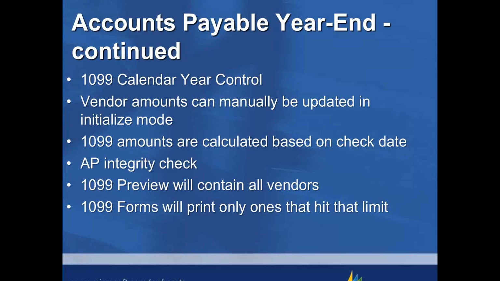So once again, you'd have to use the initialize mode to update those amounts, by looking at the vendor information, taking those amounts from the beginning of the year, and adding them to what the system calculated for the second half of the year.